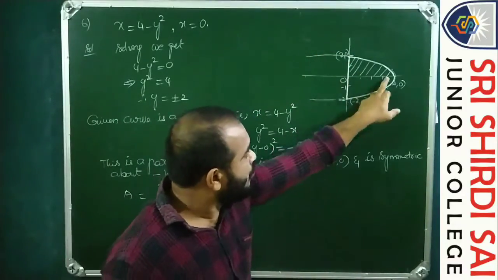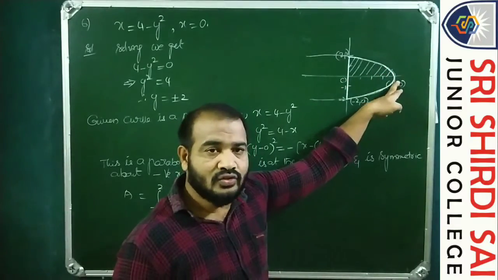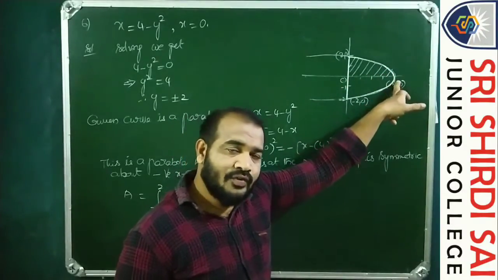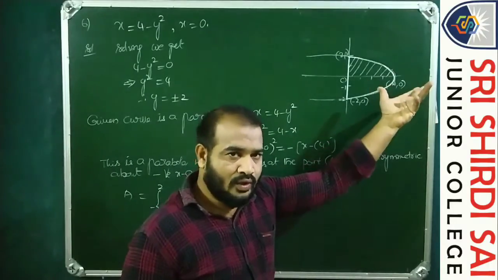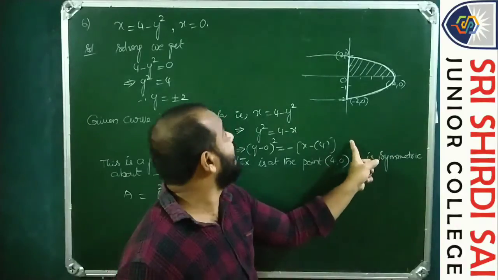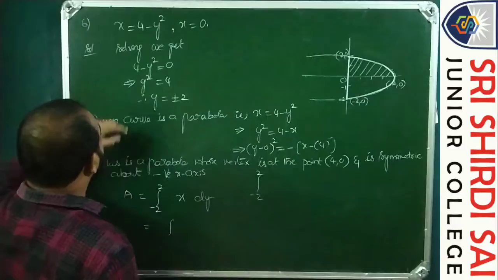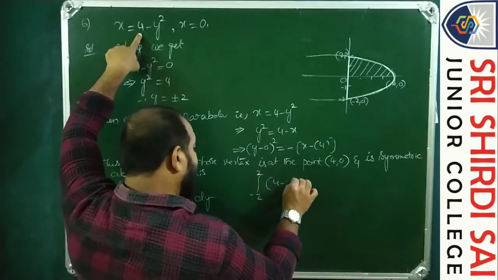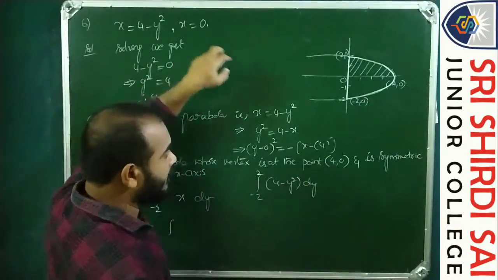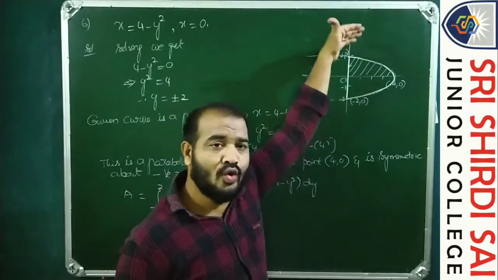Otherwise 0 to 2 let us do. Since it is symmetric about the x-axis, we will multiply the answer with 2. Both are okay. Minus 2 to 2 x dy, x is 4 minus y square. So minus 2 to 2 of 4 minus y square dy means we are directly evaluating the whole area.